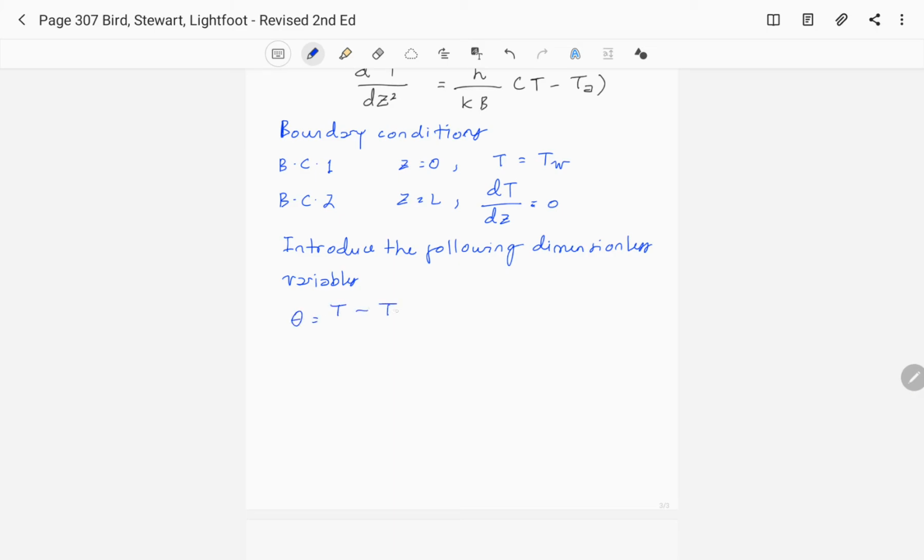T minus TA over TW minus TA, so this one will be the dimensionless temperature.